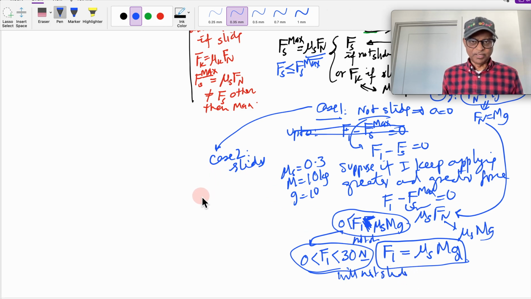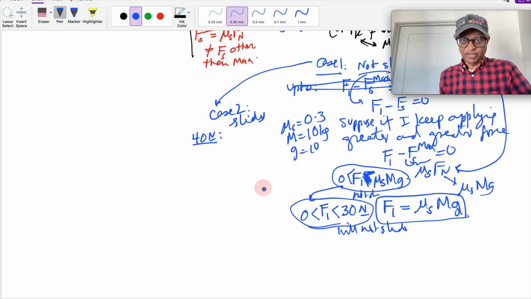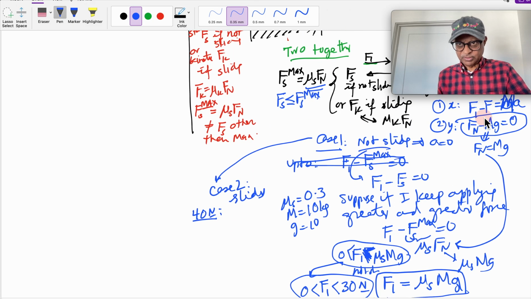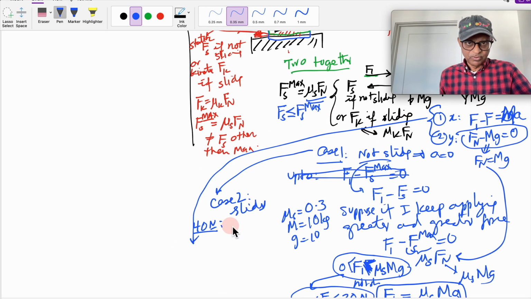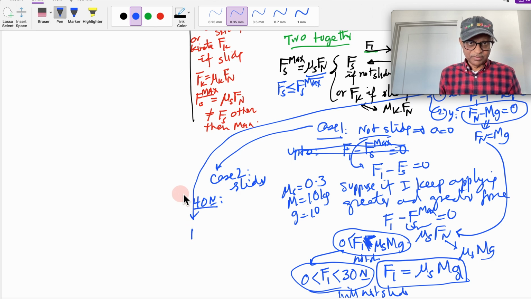How about once I get over 30 Newton, say I have 40 Newton, then it will slide. But these two equations will be the same, except that now F1 is 40 Newton, but Fs is not applicable anymore.